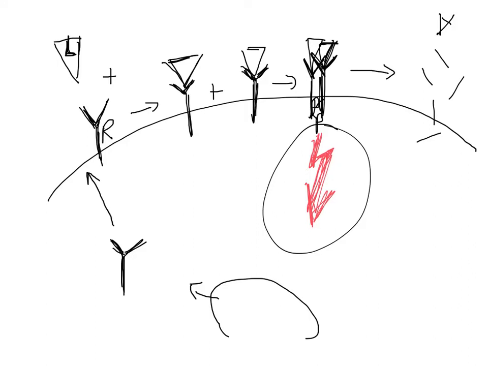Now, what does this all have to do with cancer, and what has it to do with kinetics? Well, the interesting thing with kinetics is that everything has to be very fine-tuned. So, for example, if we don't transport a lot of receptor to the cell membrane, well, nothing will happen.